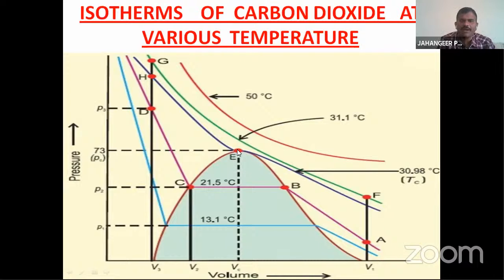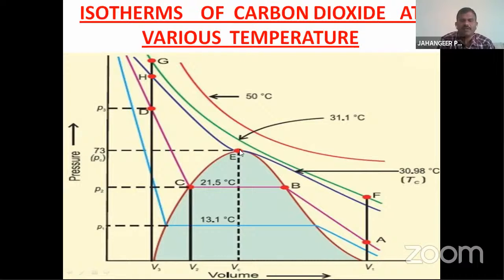Whenever carbon dioxide gas reaches this point, at 30.98 degrees Celsius and 73 pressure, it starts converting from the initial starting point from gaseous carbon dioxide into liquid carbon dioxide. So this point is known as the critical constant values, and this temperature is called the critical temperature, and its pressure is called the critical pressure.